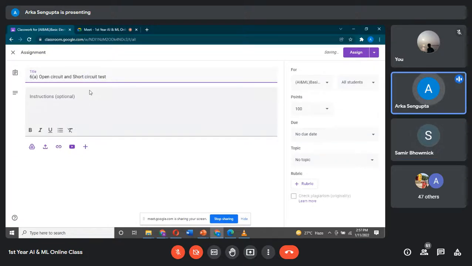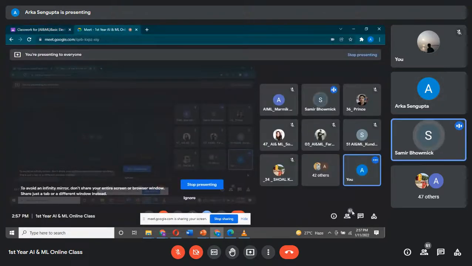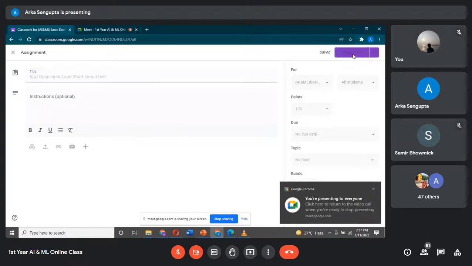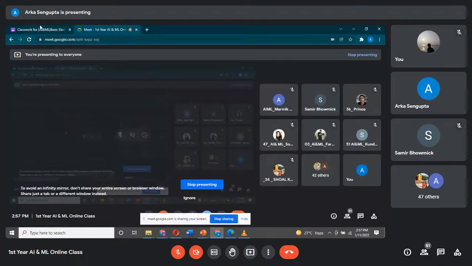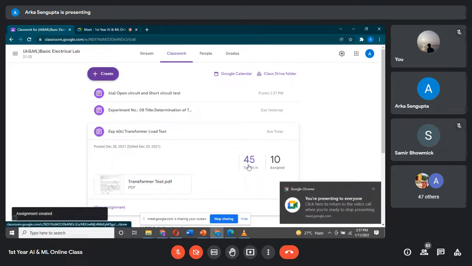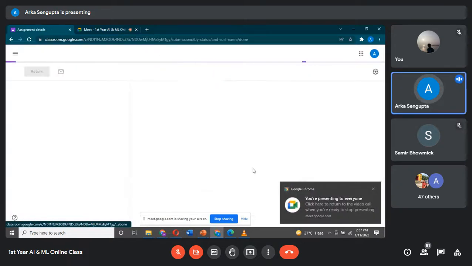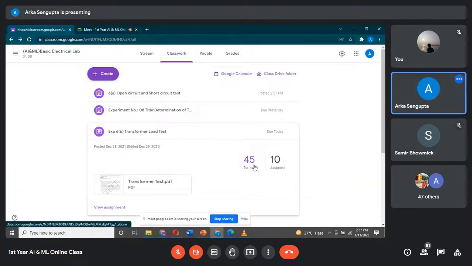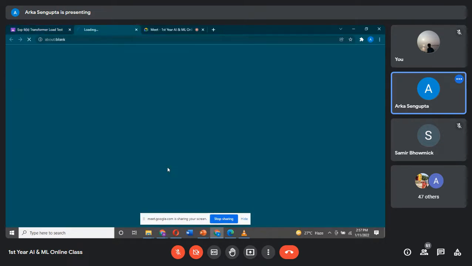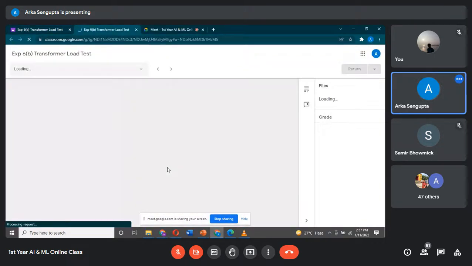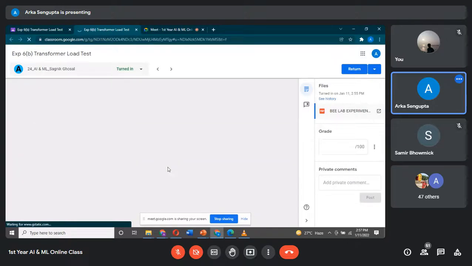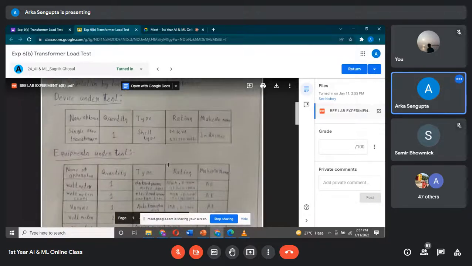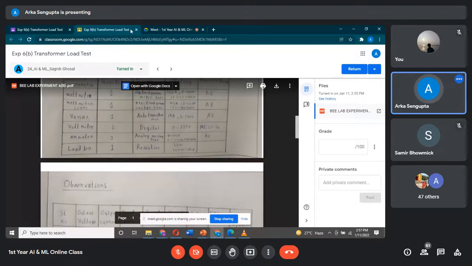That has already been told in the last class. The apparatus table and device under test were shown in the last class, I think. Let me check. Yes, device under test and apparatus table were told in the last class.